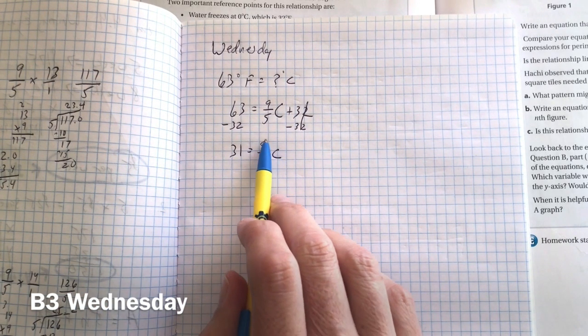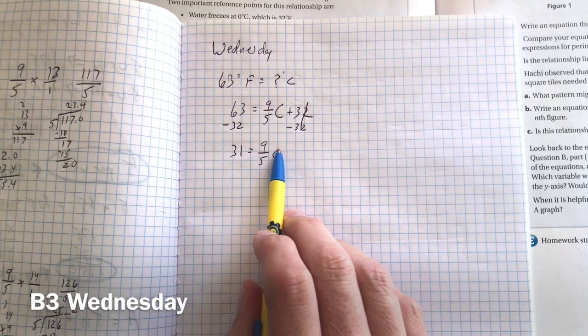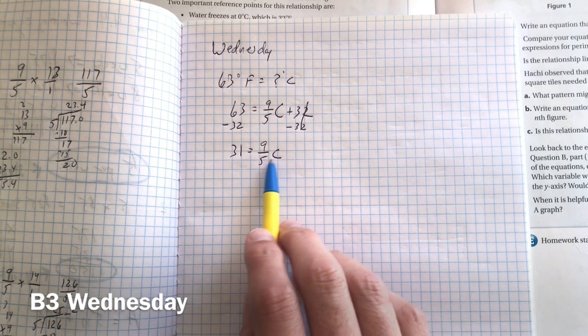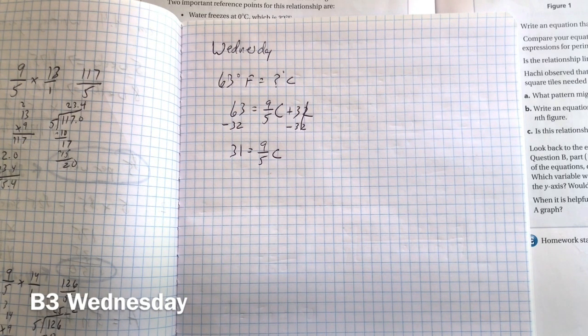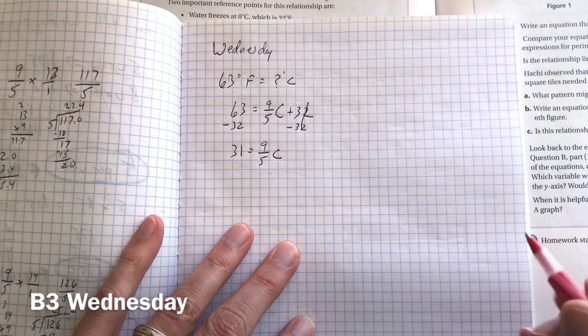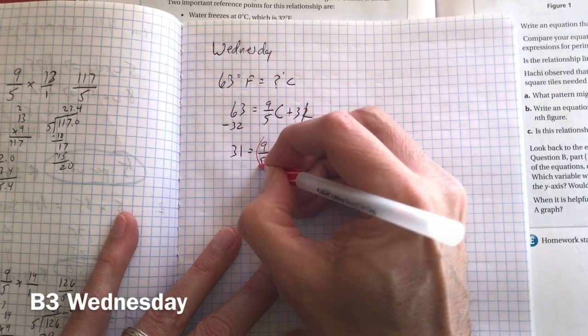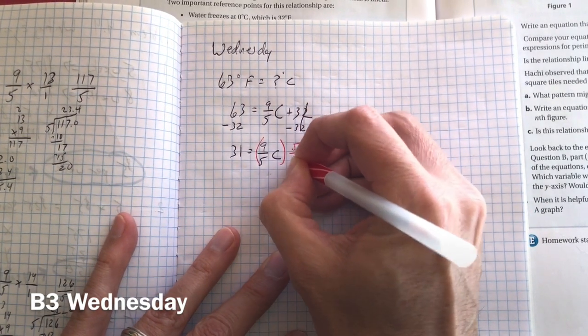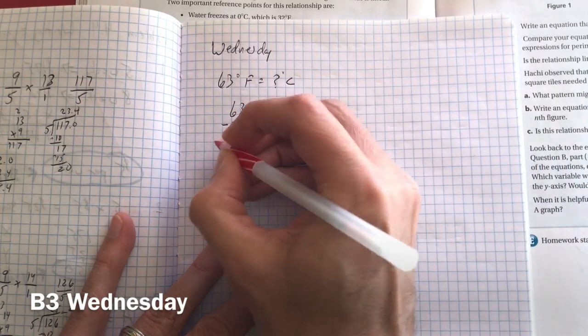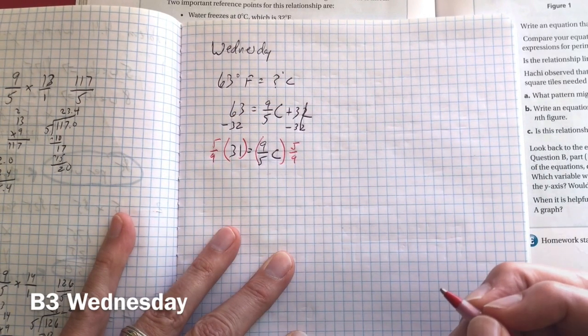Now remember, this is being multiplied, so we would do the opposite of dividing, but we can't divide by fractions. So what we do is multiply by the multiplicative inverse, or the reciprocal. I'm going to multiply all of this times 5/9.